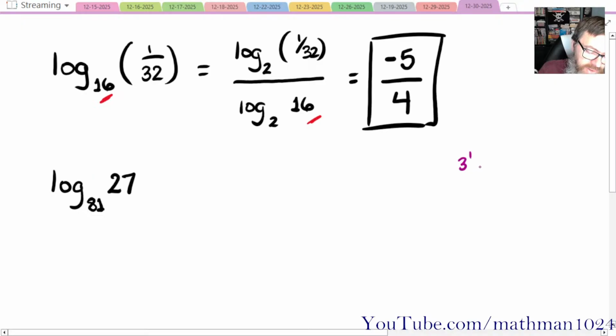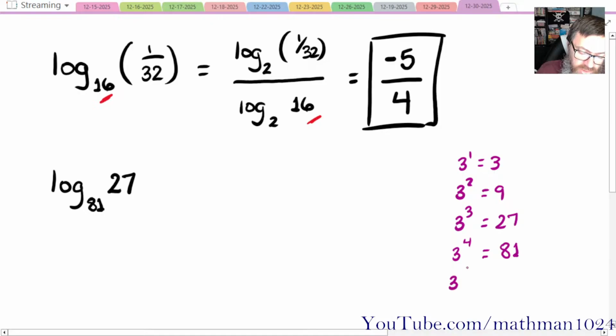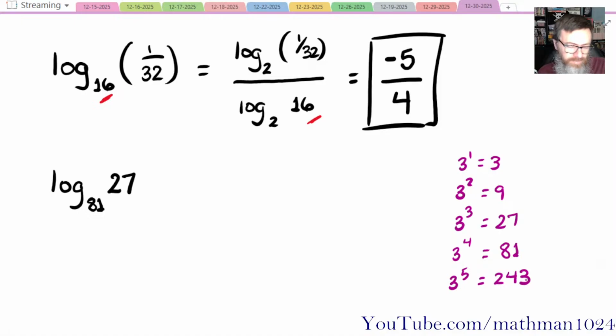You say, okay, well, 3 to the 1st is 3, 3 squared is 9. Maybe you've worked this out, used a calculator, I don't know. But you at least have these powers at the ready so that you don't have to spend a whole lot of time figuring what these are. And hopefully the more you see it, the more it gets stuck in your mind.